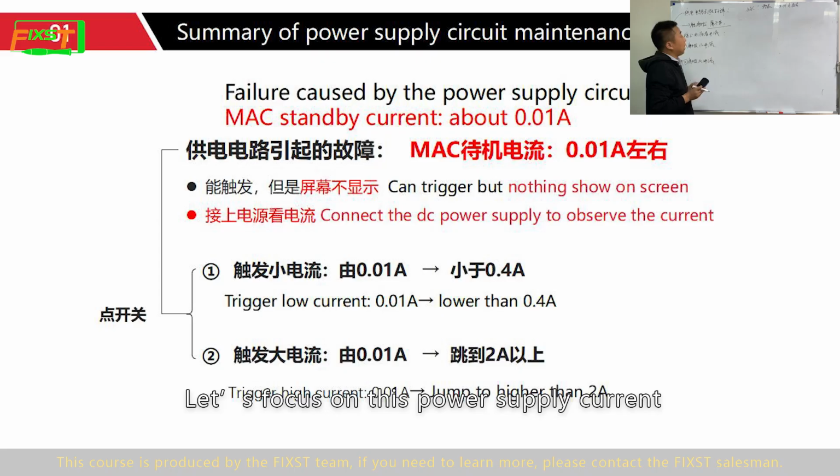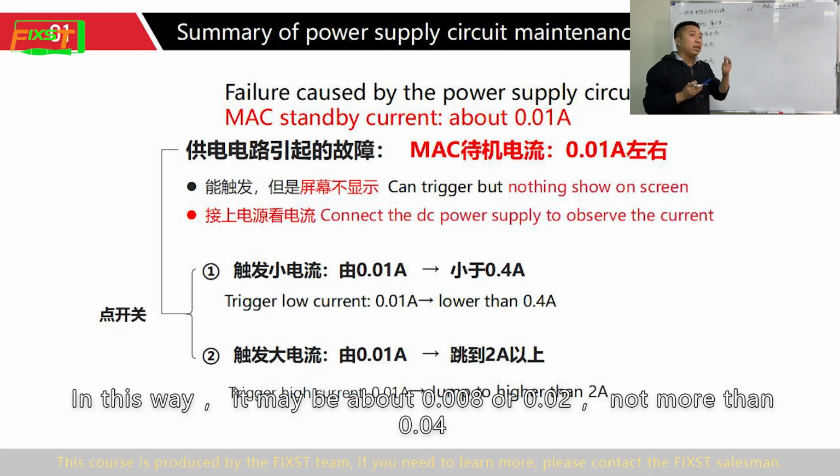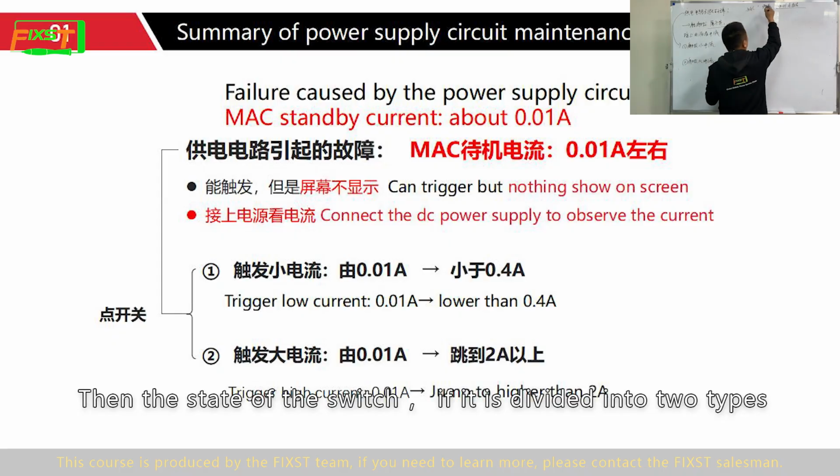Let's focus on the power supply current. In other words, the standby current is about 0.01A. It may be about 0.08 or 0.02, no more than 0.04. Remember this. Then the state of the switch is divided into two types.